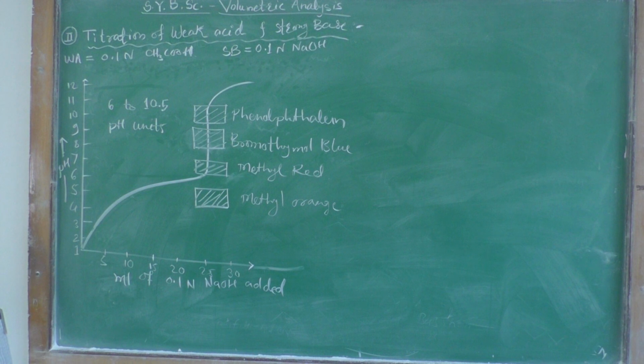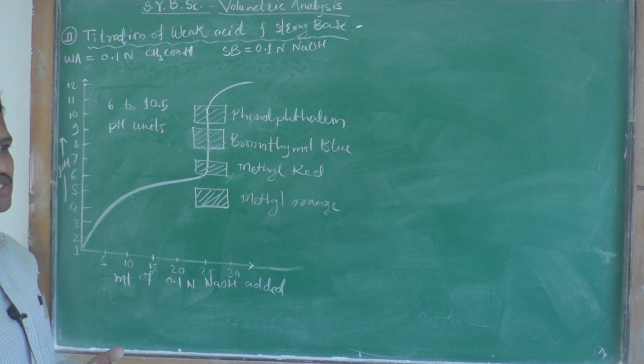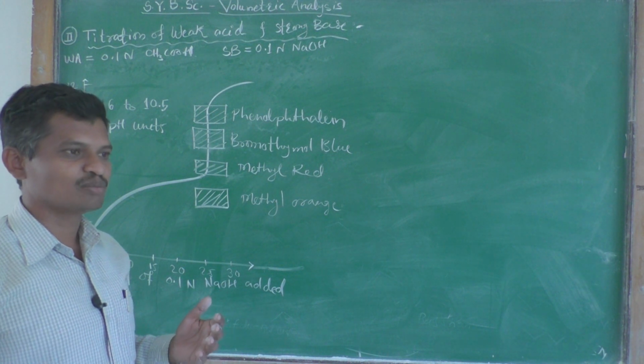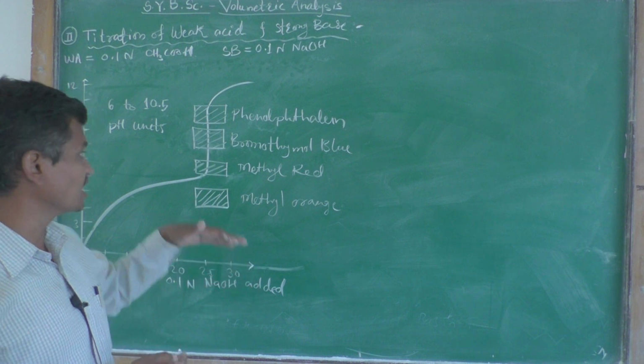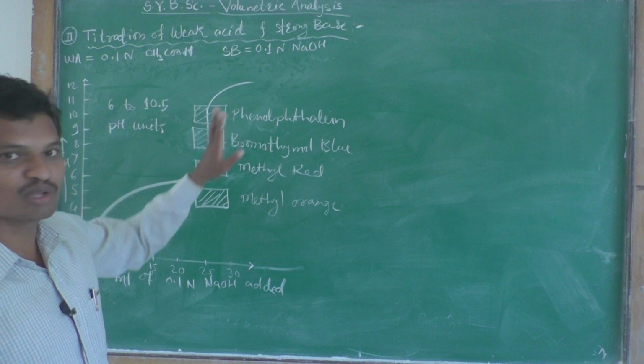Now for this we have to consider the different indicators. So the next point is the choice of indicators for this titration. The main four indicators which have transition range pH values in this range are methyl orange, methyl red, bromothymol blue, and phenolphthalein.